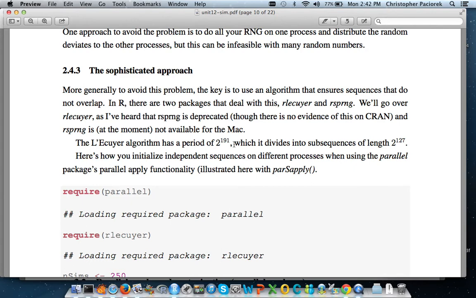So there are a whole bunch of these different subsequences, and if you use this package, you can basically ensure that each of the processes is going to get a different chunk that is distinct from the other processes.